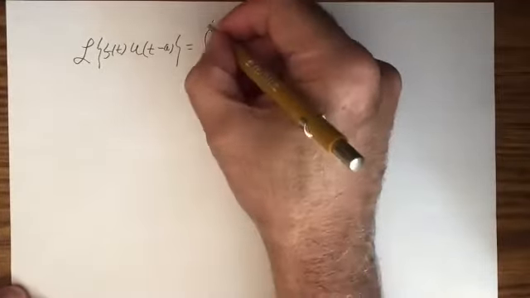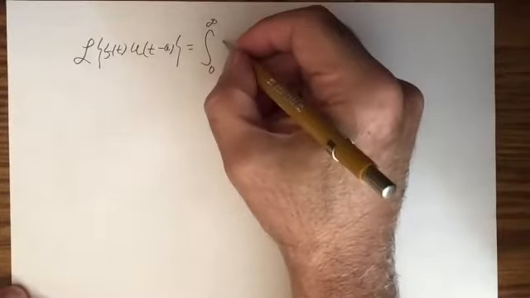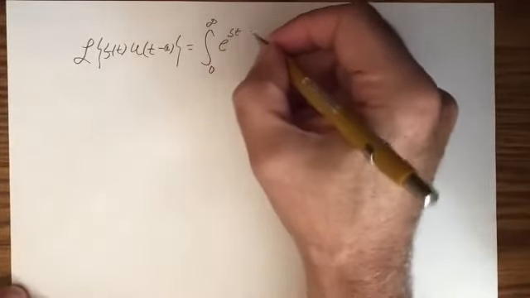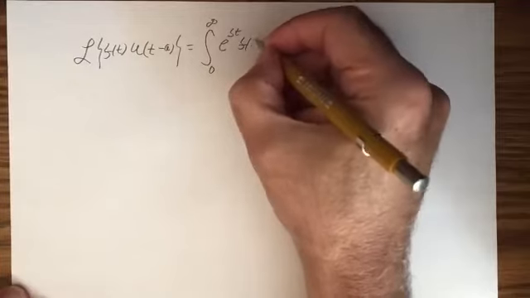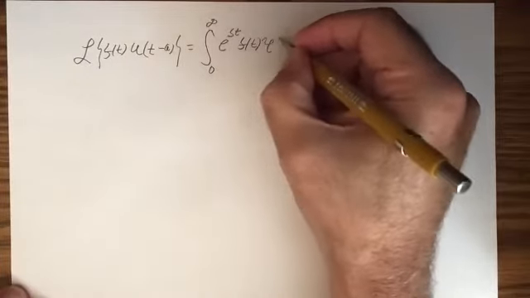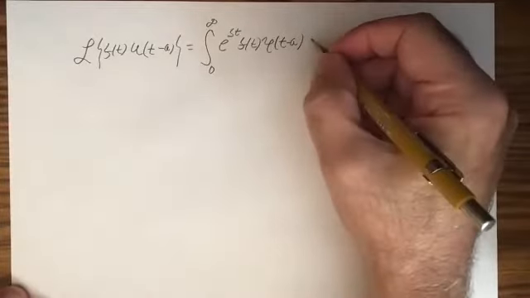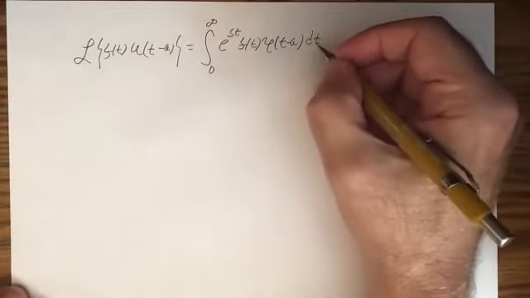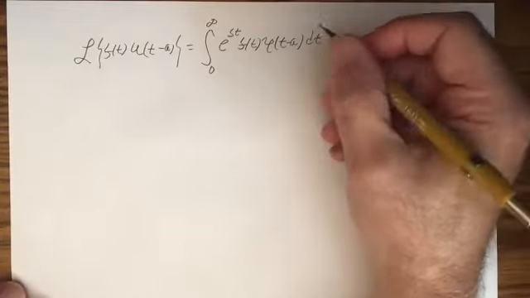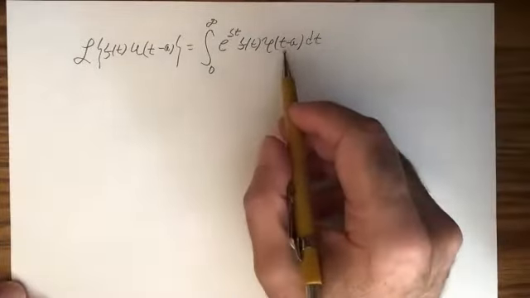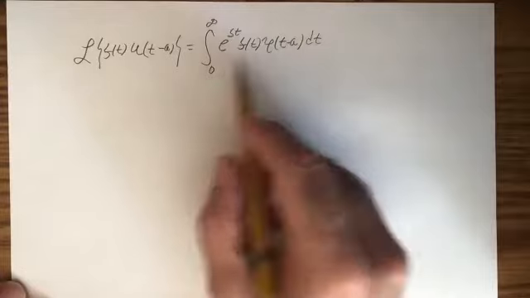This is going to go from 0 to infinity. I don't think your book has this definition. They don't prove this. I'm just putting in the function, dt. Now once again, this is going to be 0.